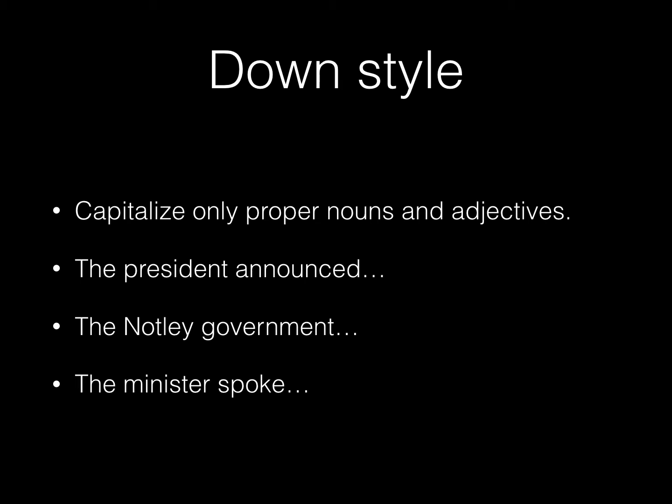Now, generally speaking, the down style might be used for the purpose of book publishing, as well as perhaps a personal blog, that kind of thing.